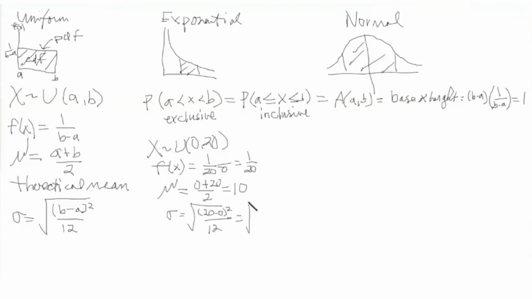So that's going to give you the square root of 400 divided by 12, which is equal to the square root of 33.3, which is going to give you a standard deviation of 5.77, and we'll just round that up to 5.8.